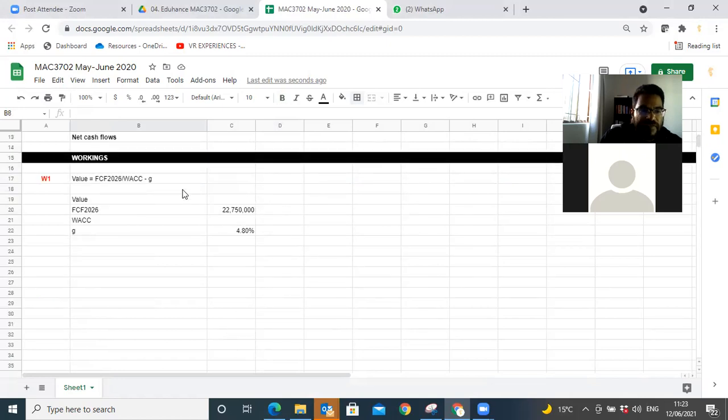Remember, working capital is 50% of store fittings. So what was it? Total funding required, or total capex. Total capex is how much? 600 million.